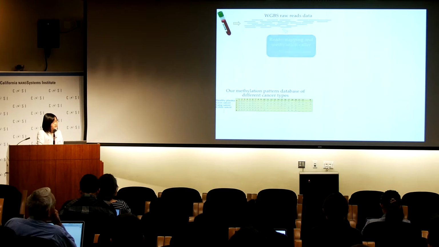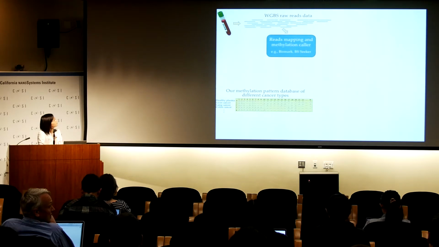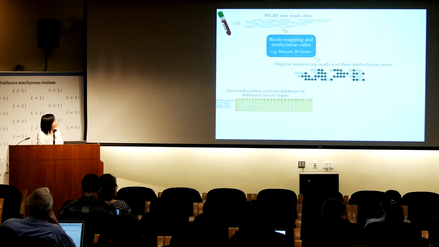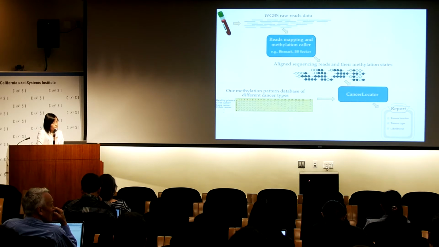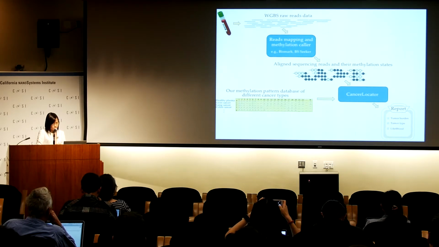From this raw data, we perform read mapping and methylation calling, and then we get the aligned sequencing reads and their methylation states. These two pieces of information are the input for the program CancerLocator. Finally, what we get is a report of the tumor burden theta, the tumor type T, and the likelihood ratio by which the tumor type is finally determined.